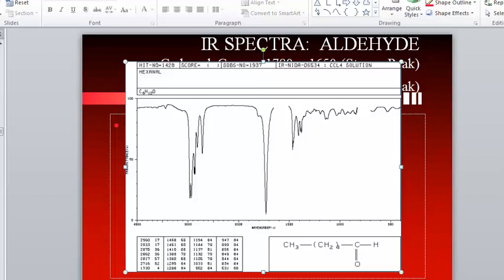And at 2700, I come up, and sure enough, I see a peak that is present. So that is the positive identification for an aldehyde. This double peak that happens at 2700 and 2800. So yes, it's an aldehyde, and I can actually pick out those areas that prove it.